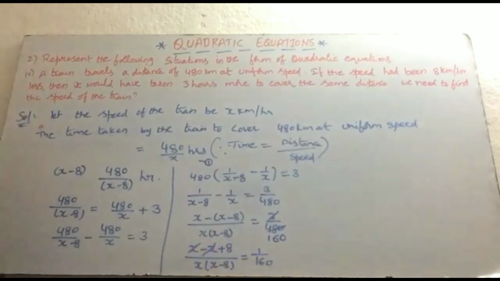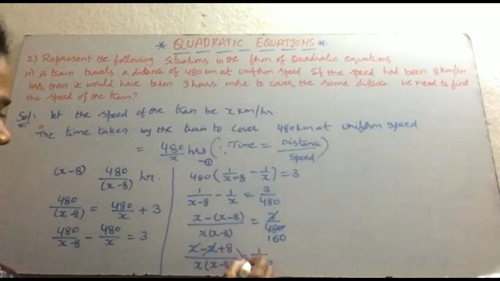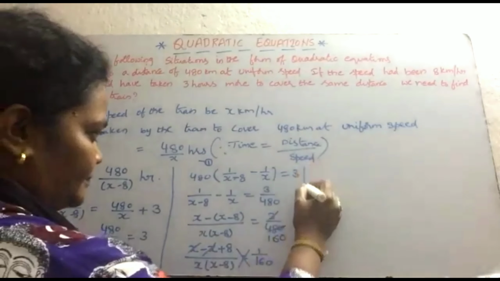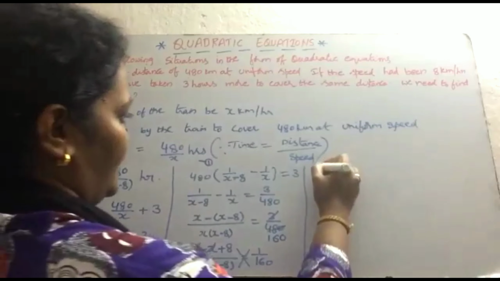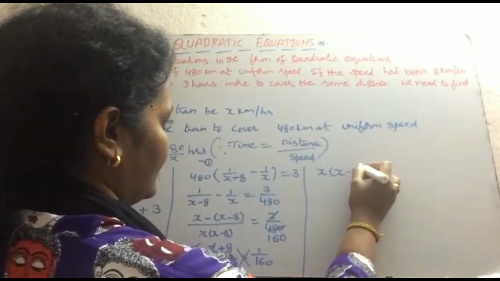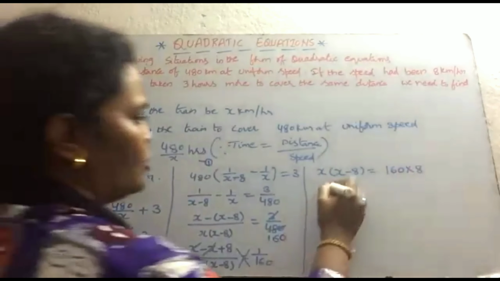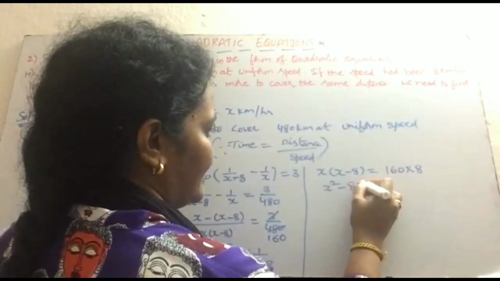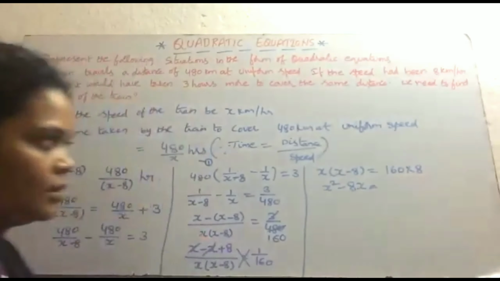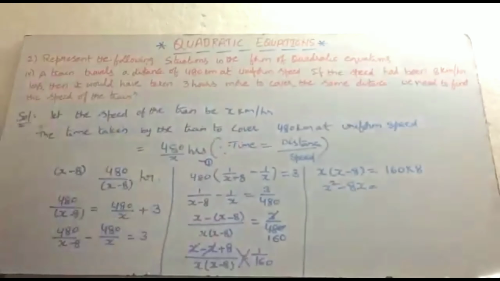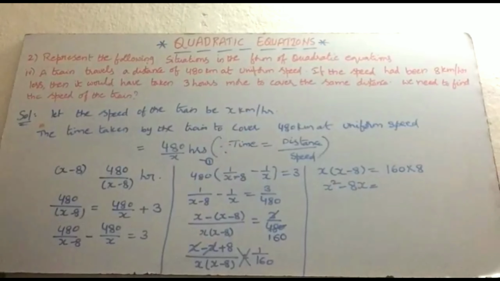This x and this x get cancelled. Now we will cross multiply. Then we get x into (x minus 8) is equal to 160 into 8. So x squared minus 8x is equal to 160 into 8, which is 1280.